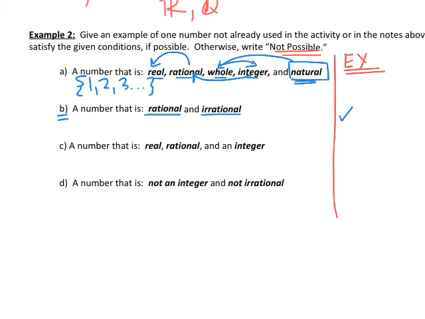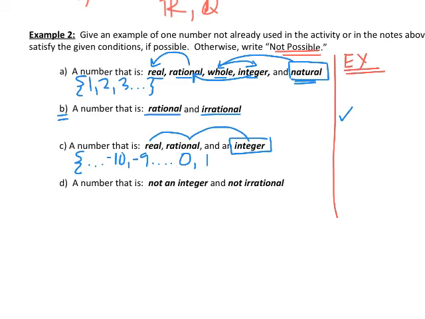For part C, give a number that is real, that is rational, and that is an integer. Well, a number that is an integer is rational, and a number that is rational is real. So we have to give any example of an integer, and integers do include negative numbers. Okay, so starting with any number that is negative, and then that goes up, and we do include 0 in the integer set.